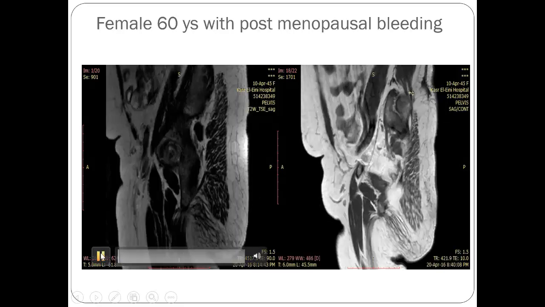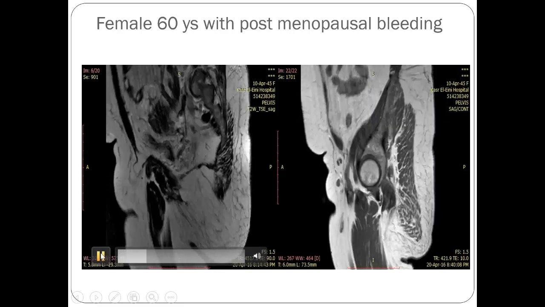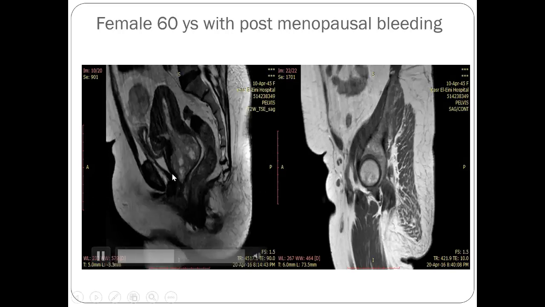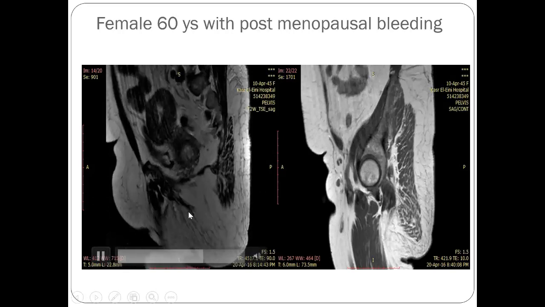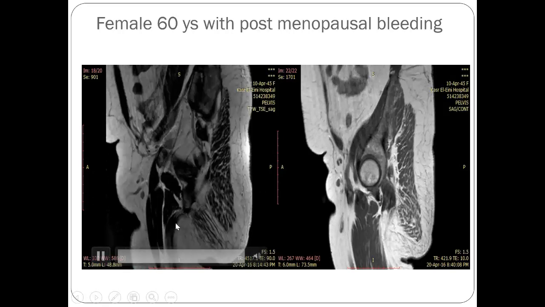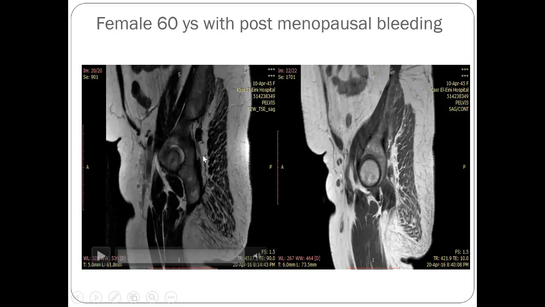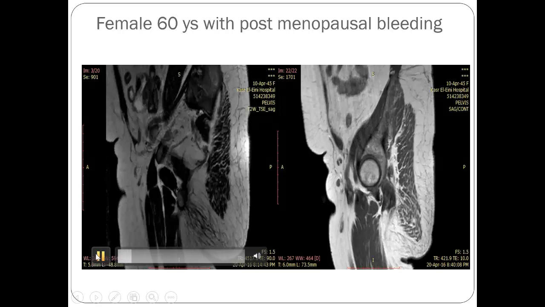So to me, I think it is benign looking, from the signal of this lesion, it looks like an endometrial polyp, a large pedunculated endometrial polyp projecting through the cervix.